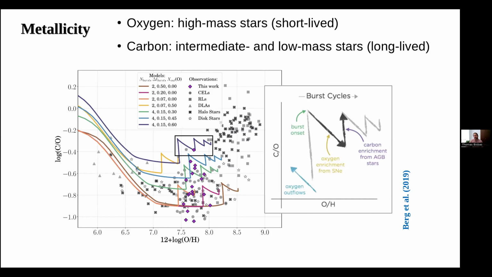Now, I would like to go through the metallicity and pinpoint a problem that actually most of the groups face. So when we calculate low metallicity ISM environments, we tend to linearly decrease all abundances together.